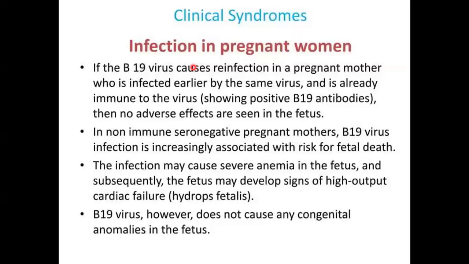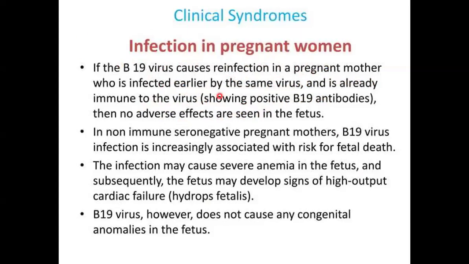Okay. And then infection in pregnant women. If B19 causes reinfection in a pregnant mother who was infected earlier by the same virus and is already immune to the virus, so showing positive B19 antibodies, there are no adverse effects seen in the fetus.